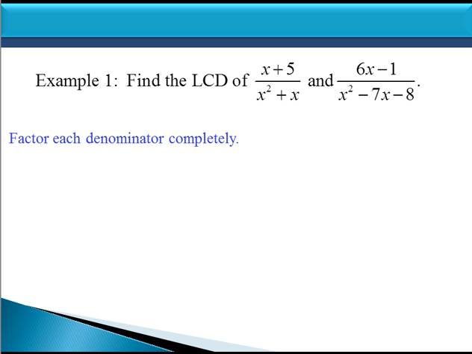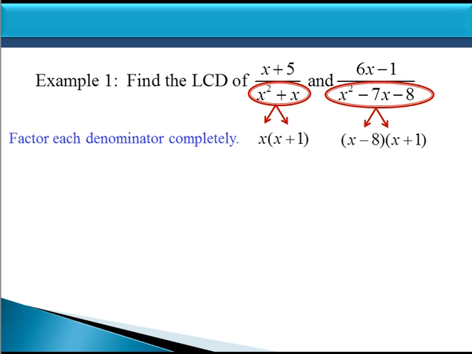If you factor the first denominator, you should get factors of x times x plus 1, and that is factored completely. Looking at the second denominator, that will factor into x minus 8 times x plus 1. So both denominators are factored completely.